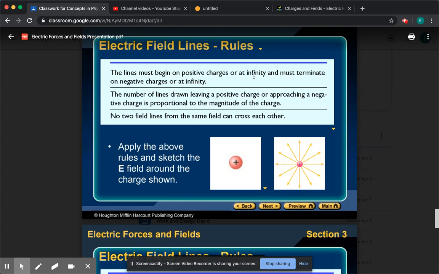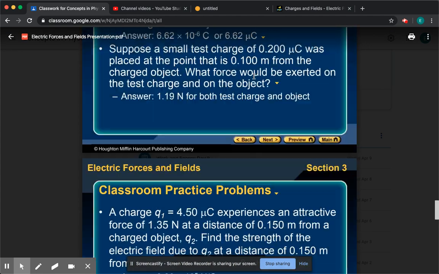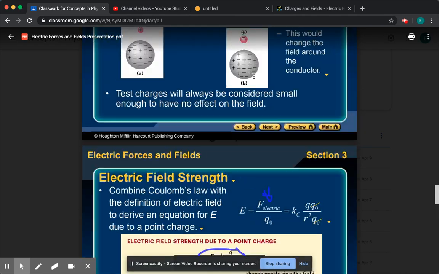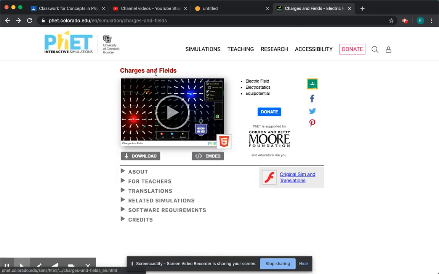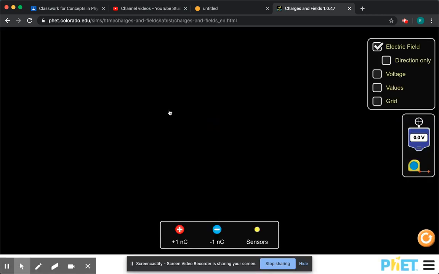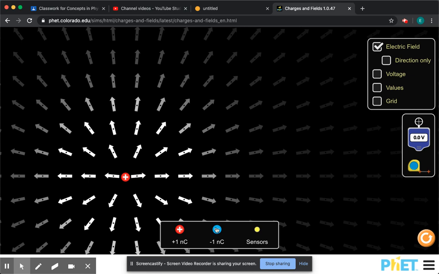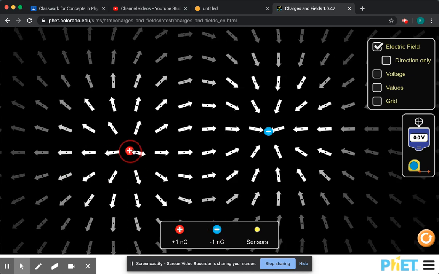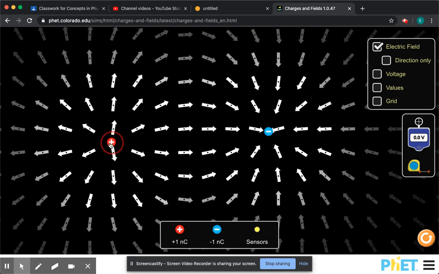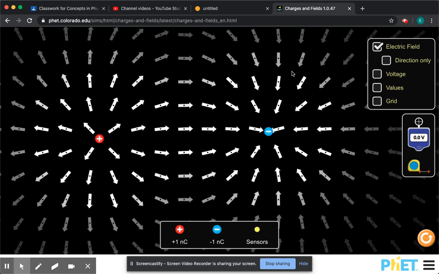Today, I don't want you to do any worksheet related stuff. What I want you to do is to play around with this simulation that I'm going to be posting with it. So there's this simulation from PHET called Charges and Fields. And what it lets you do is it lets you put different charges in different locations and look what happens to the field lines as you put them in different locations.